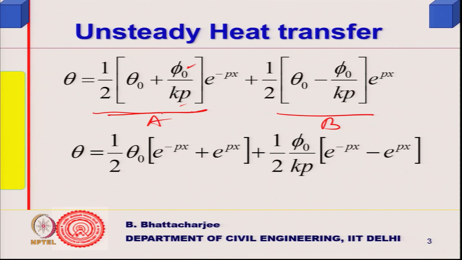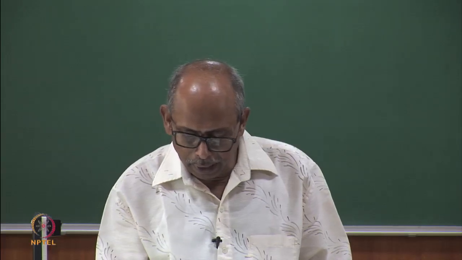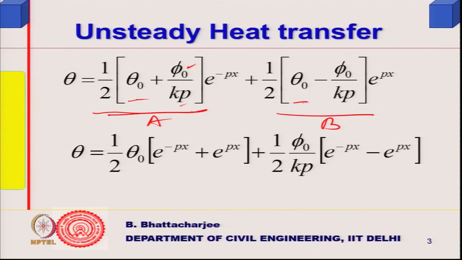Similarly, I can do for phi, but let us simplify it a little bit here. I isolate the terms of theta 0 and isolate the terms for phi 0. So this will be half theta 0, and from here comes half theta 0 again, and e to the power minus Px plus e to the power plus Px.